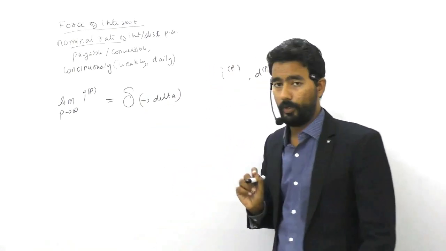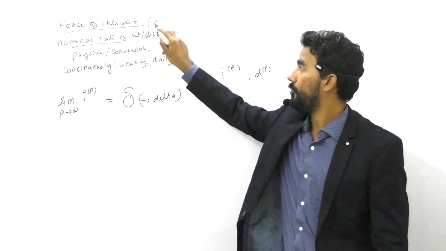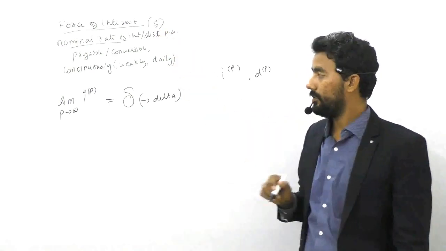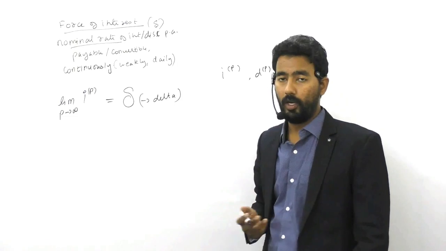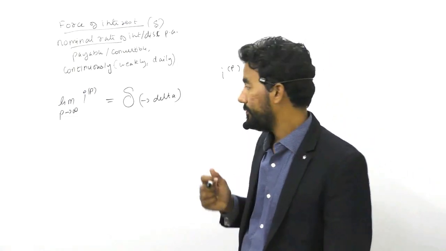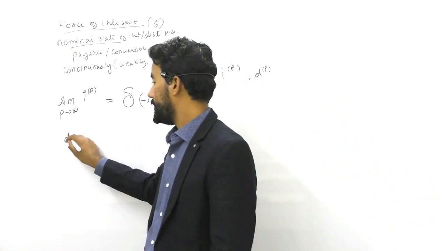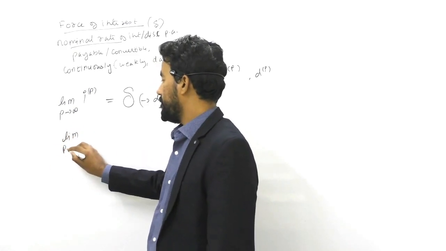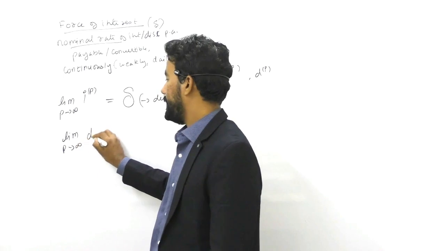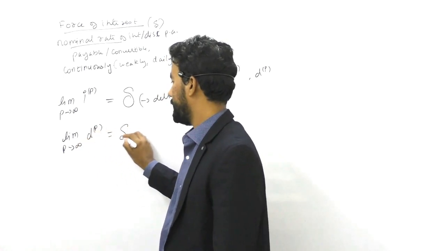So delta is a notation that we are going to use for force of interest, and it is nothing but i^(p) where p is infinite. The frequency is so large that you cannot count it on your fingers. Also, if I say d^(p), it still means the same thing.